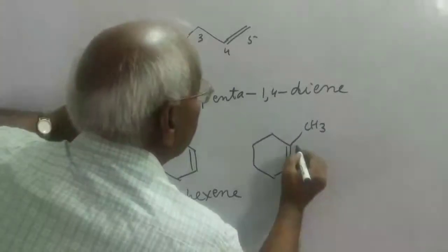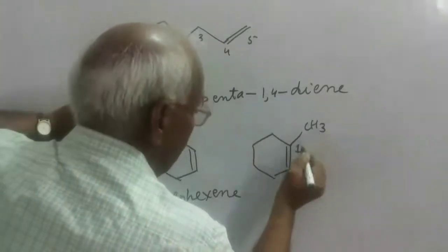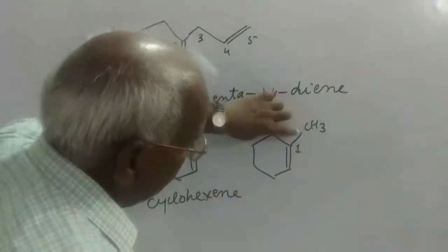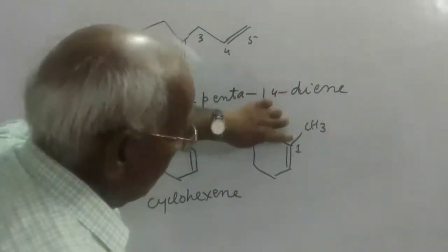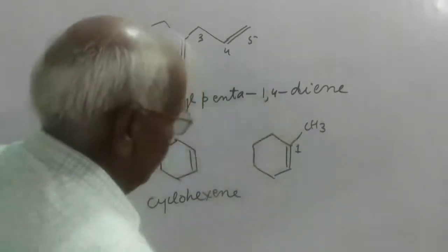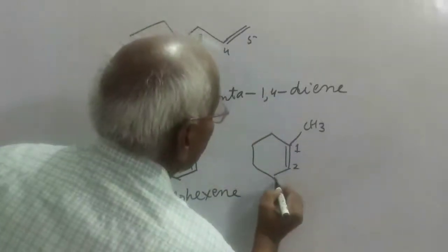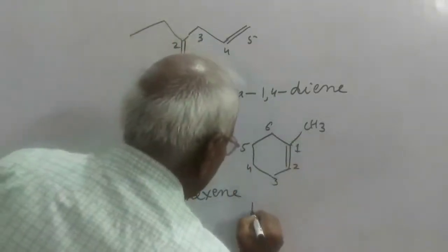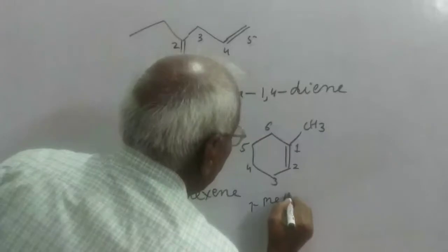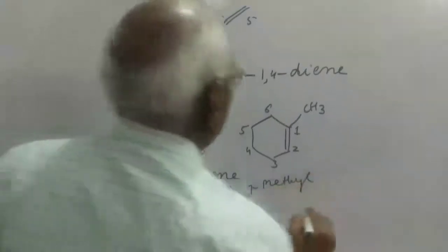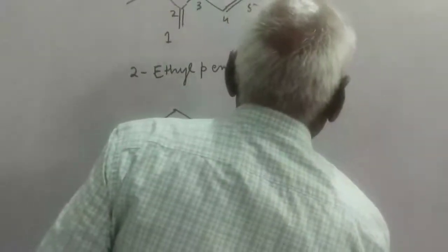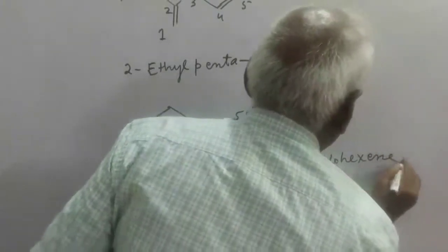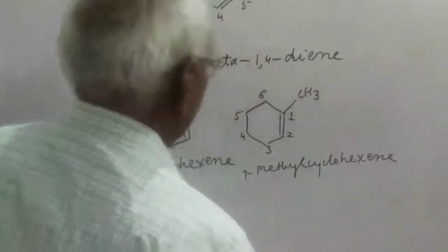So numbering is started from this point because this numbering also covers the side chain, which is the lowest for both the double bond as well as the side chain. So it is 1, 2, 3, 4, 5, 6. CH3 is a prefix, so it is 1-methyl cyclohexene.